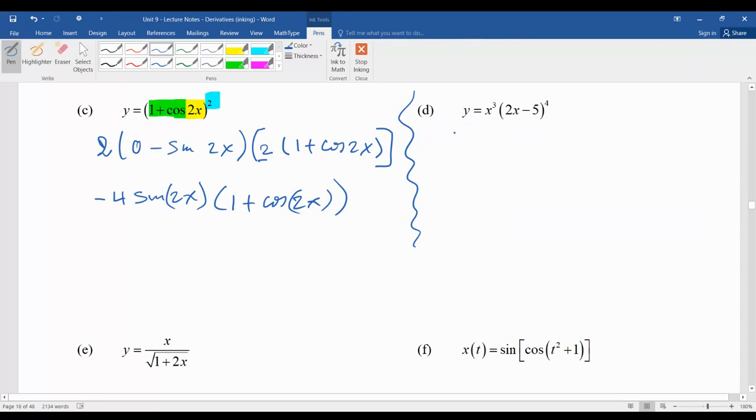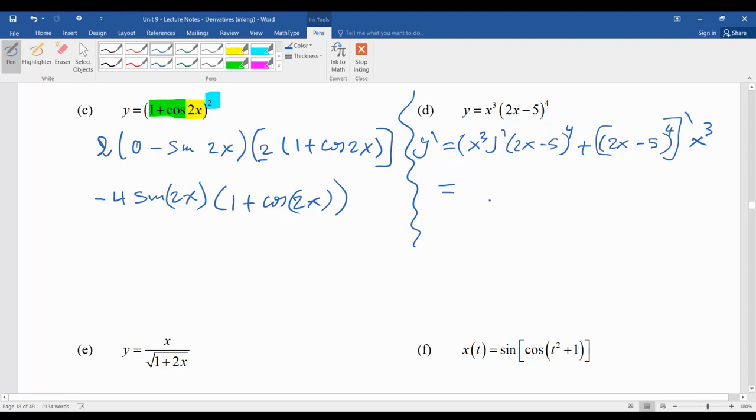Well, we need to use the product rule first. So first I'm going to say y prime equals the derivative of x cubed times 2x minus 5 to the fourth, plus the derivative of 2x minus 5 to the fourth times x cubed.